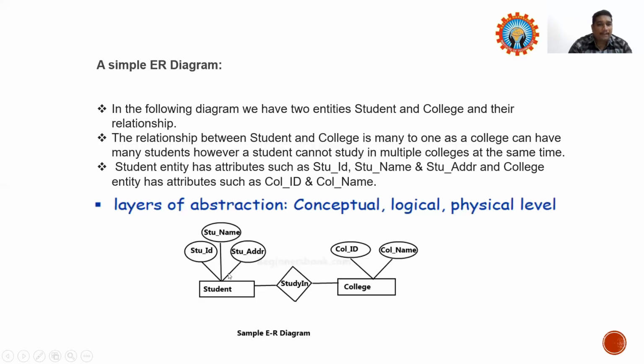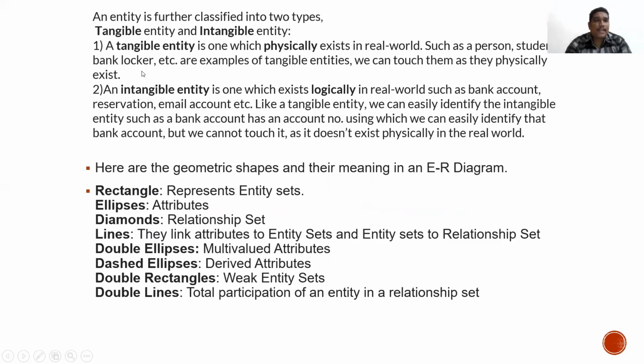But we have a student entity, hiding the unnecessary information and giving only the useful information. In an ER diagram, we design by matching the different objects in a relationship. So this is the topic we completed. Next, see, entities can be divided into 2 categories: tangible entity and intangible entity.